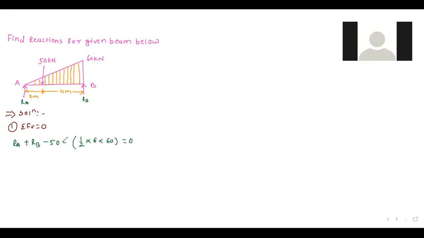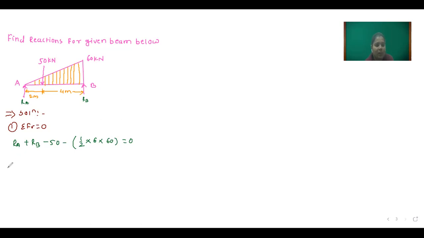I have taken a minus sign here because this force is going downward. And the intensity of this uniformly varying load, how to calculate? We have to consider the area of this figure. The shape is a triangle and the area of a triangle is 1/2 base into height. So base means span and height means the intensity of load, given as 60.